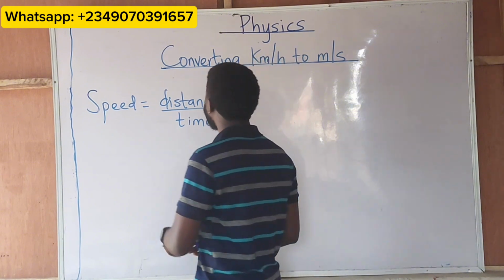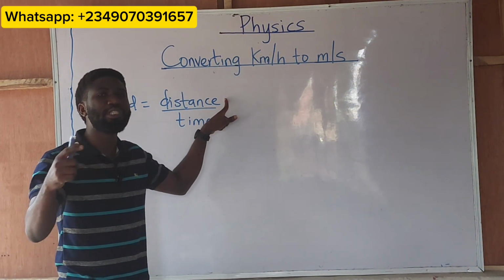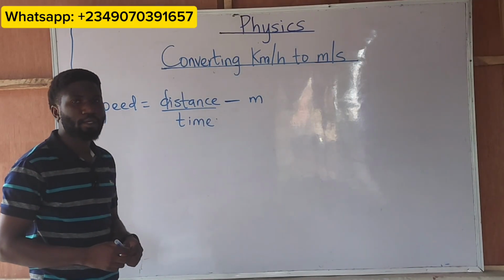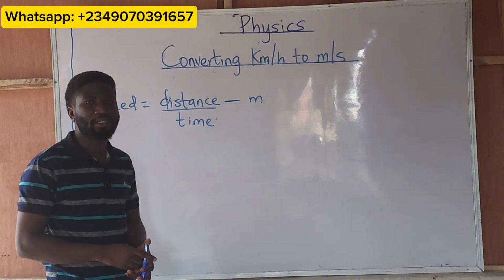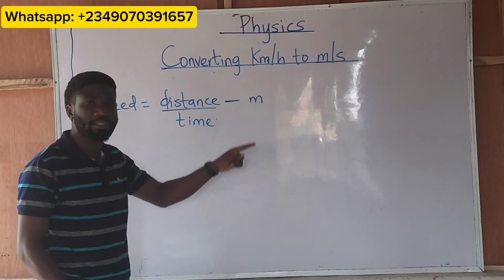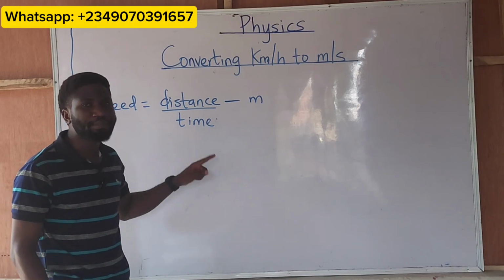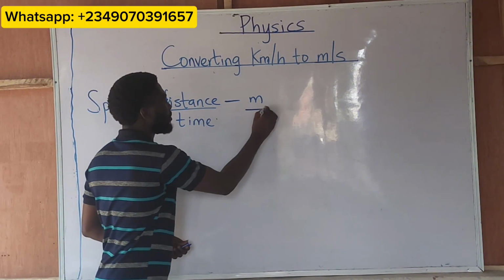So, distance has its unit to be meter, not kilometer. I mean the SI unit now, not kilometer, not centimeter, not millimeter. The SI unit of distance is meter, whereas the SI unit of time is not minute, it's not hour, it is seconds.